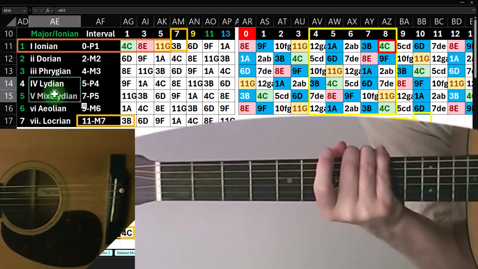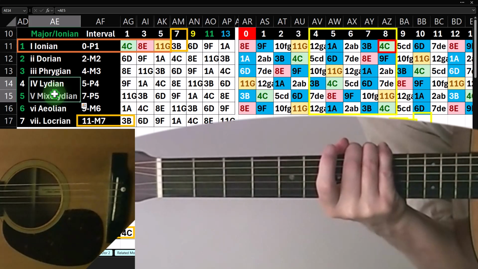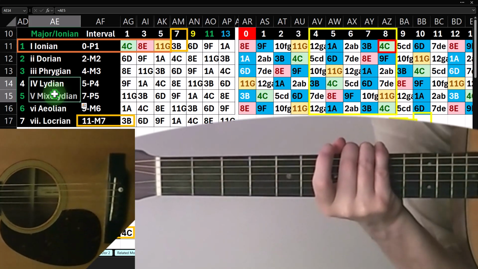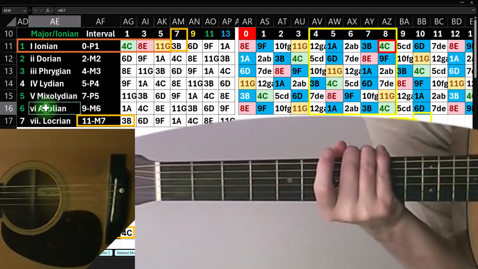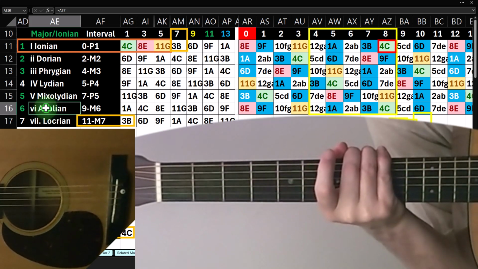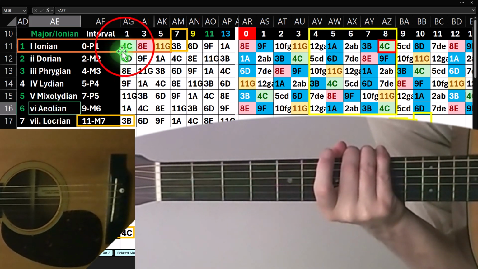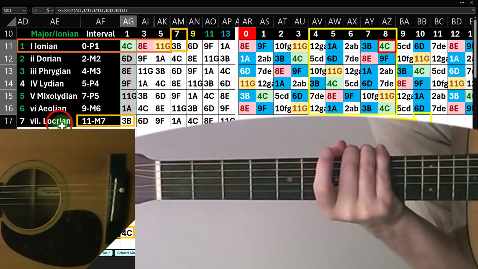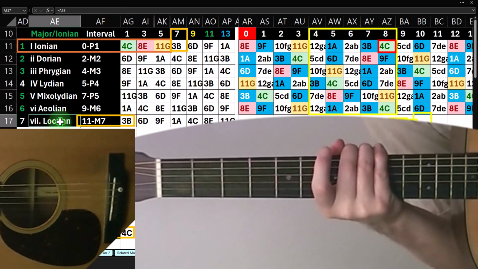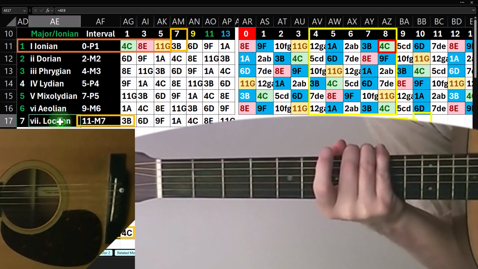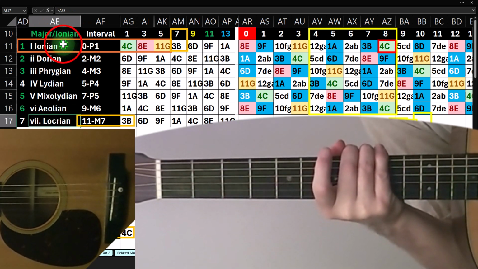They all have a major third when you build chords within them. Then the 2, 3, and 6 have the minor third, so they are minor chords if you build a chord starting there. And then you've got the Locrian, which is the weird one, with a flat 5 and still a minor third. So generally that's going to be the idea.